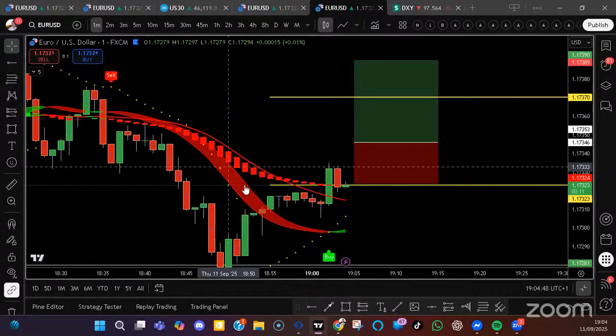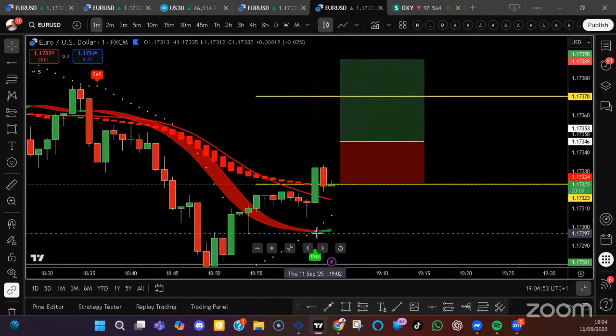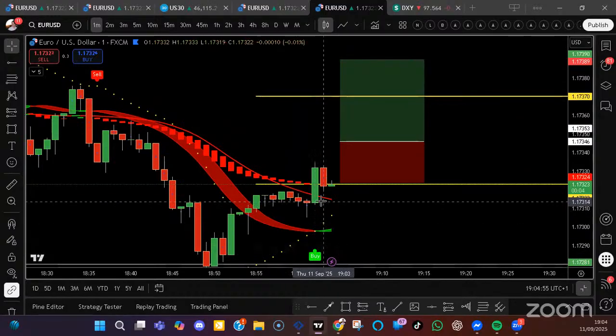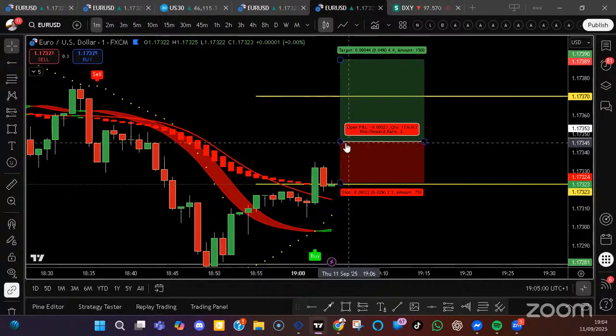And that's the sort of scenario we're looking at for the EUR USD. Got the buy alert, looking for a nice green wave, price to be up here at least 2.2 pips away.